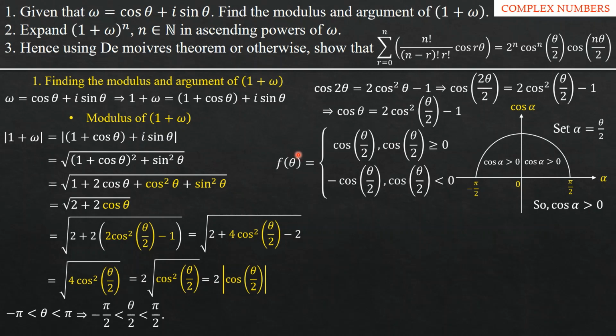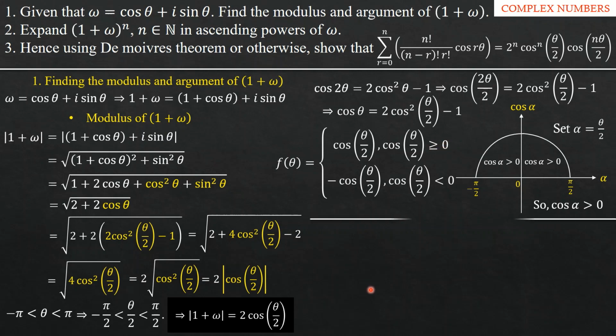So it means that my f of theta is just cos theta on 2, because cos theta on 2 is positive, since cos alpha is positive and alpha is theta on 2. So the modulus of my complex number 1 plus omega is 2 cos theta on 2, since the absolute value of cos theta on 2 is just cos theta on 2, because cos theta on 2 is positive. Alright, so the first challenge has been solved.